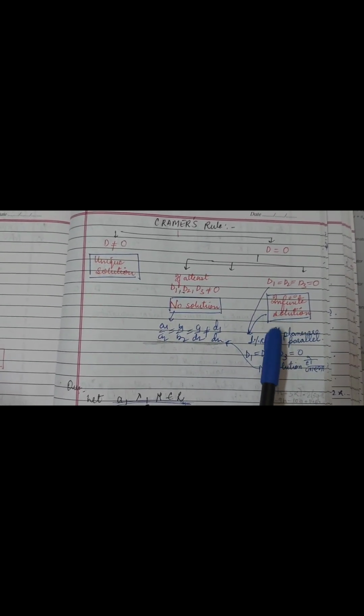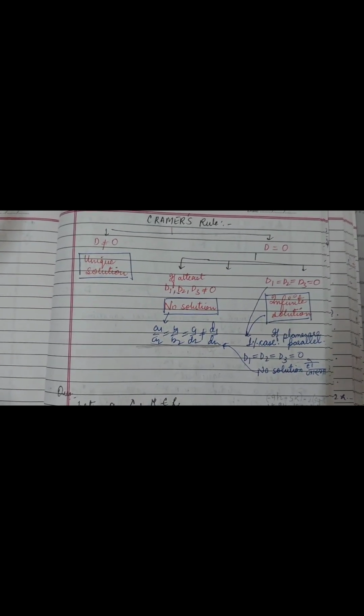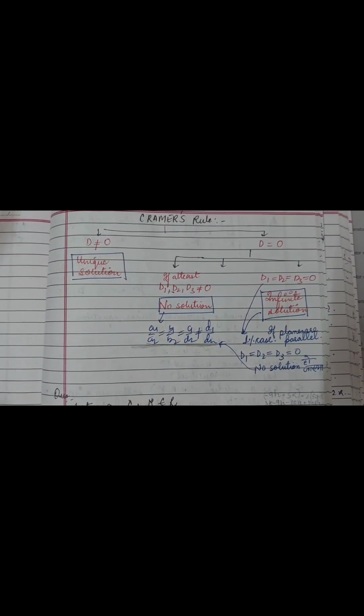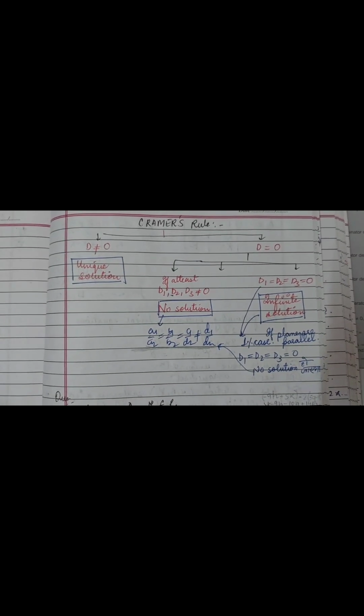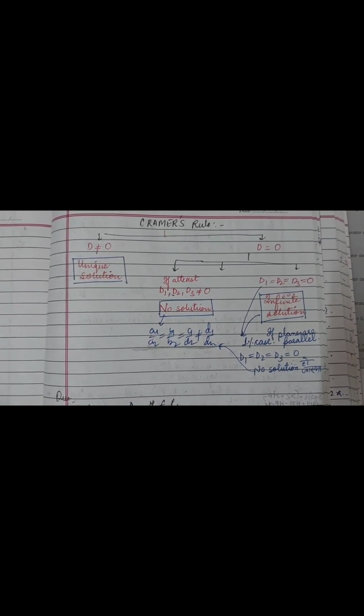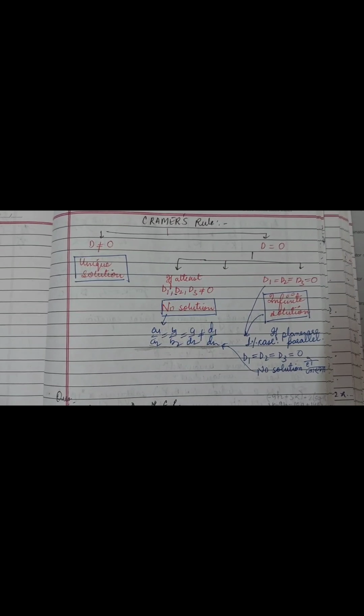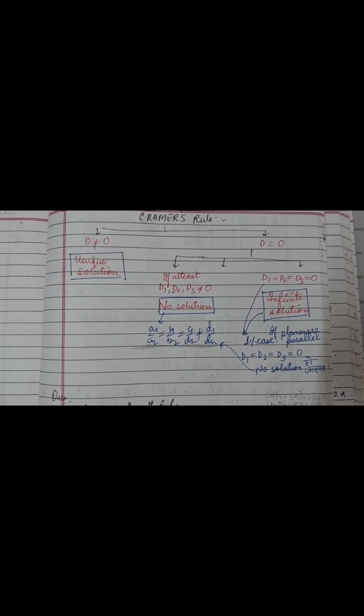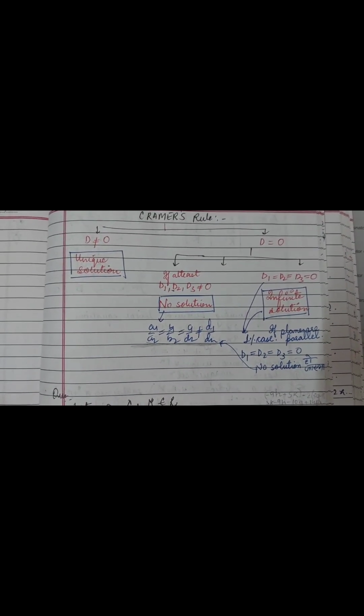If you have been asked to prove that planes are parallel, then you can use this: d is equal to 0, then you find d1, d2, d3, and if those are also equal to 0, that is the way you prove that this is parallel.